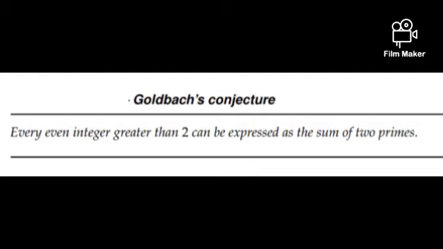This is another example of a mathematical problem. It's called Goldbach's conjecture. And the problem says every even integer greater than 2 can be expressed as the sum of two primes.